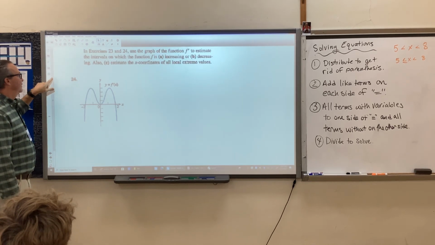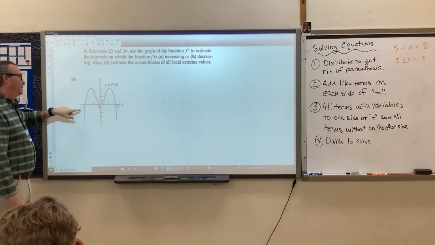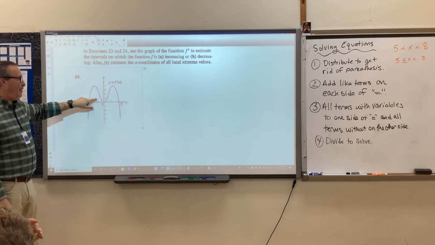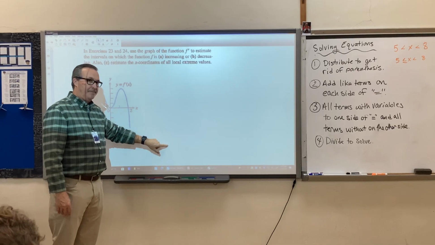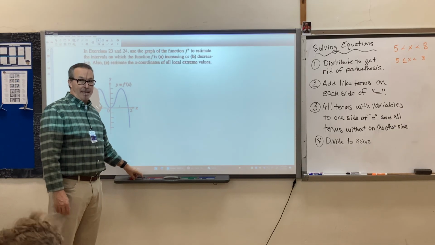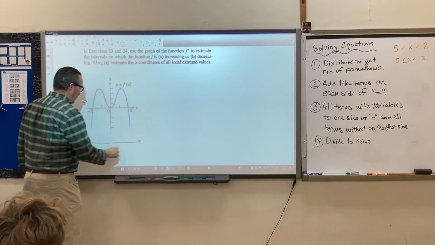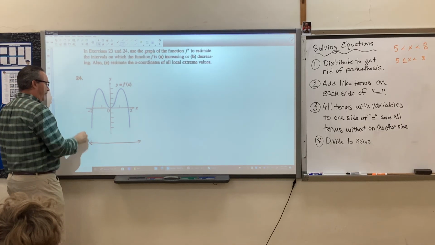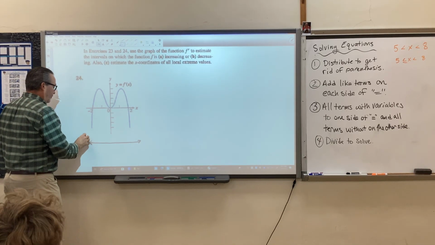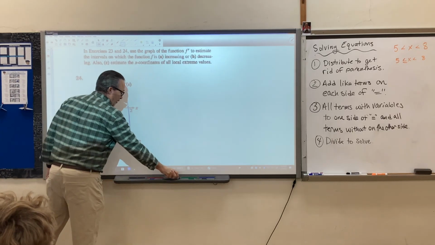24. So this is the graph of f prime. If we do an f prime test, we have to look at the graph of f prime and see where it is 0.